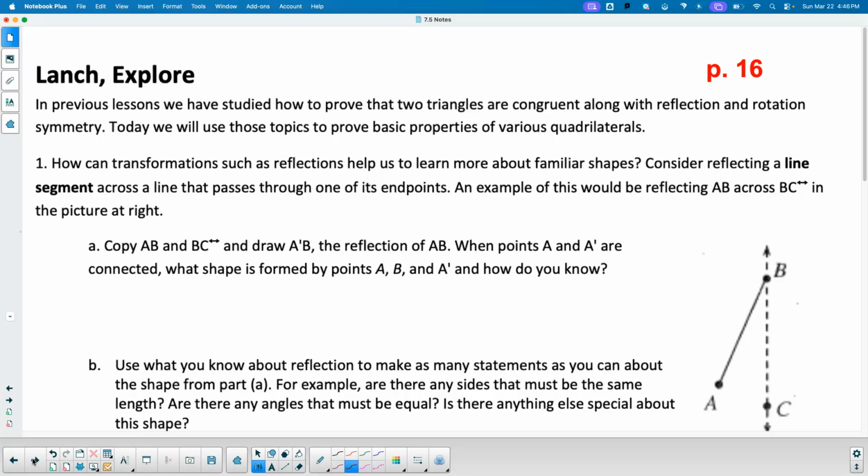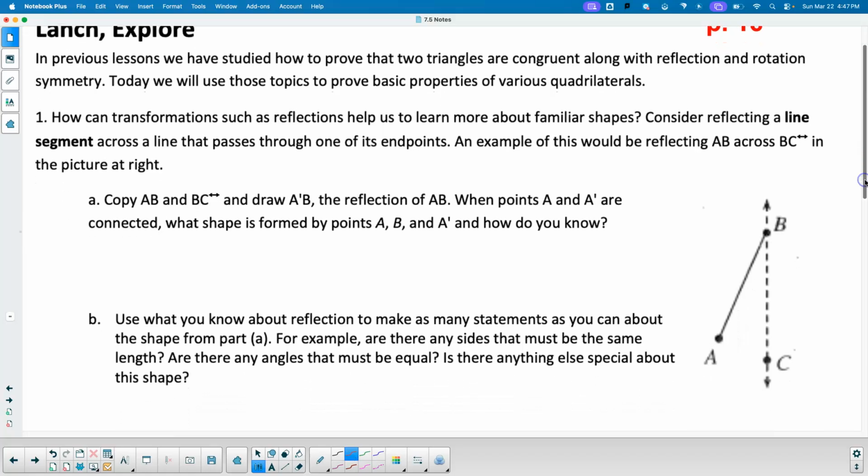What this is saying here on page 16, and I'm going to briefly go through here number 1. Okay? What this is saying is if we reflected point A across line BC, so if I reflect point A, then I'm going to have A prime over here. And then that is going to give me a triangle that looks like this.